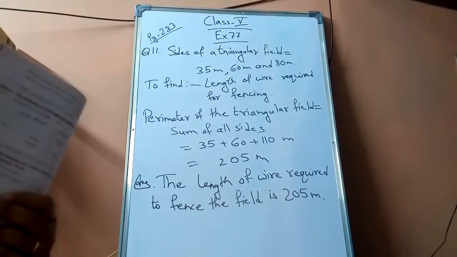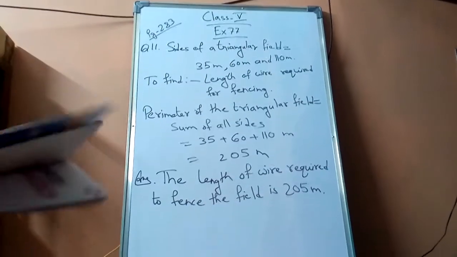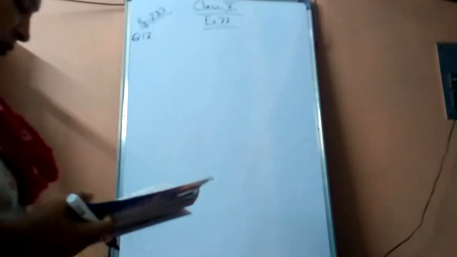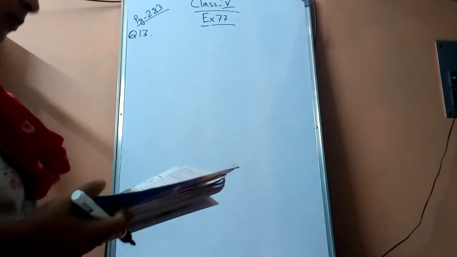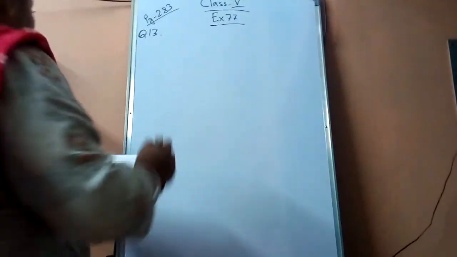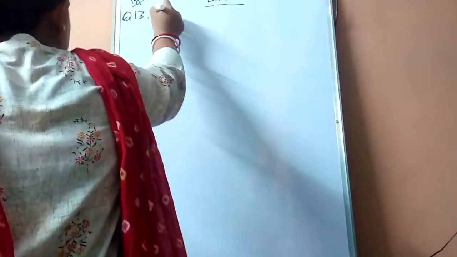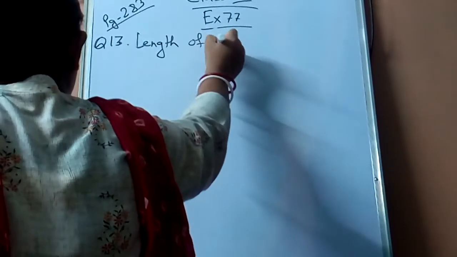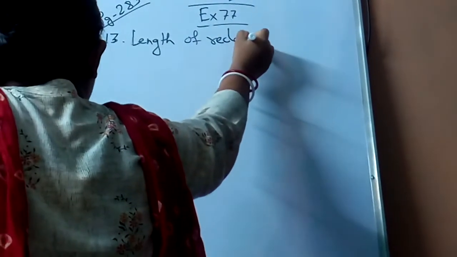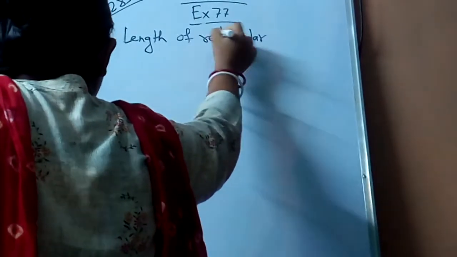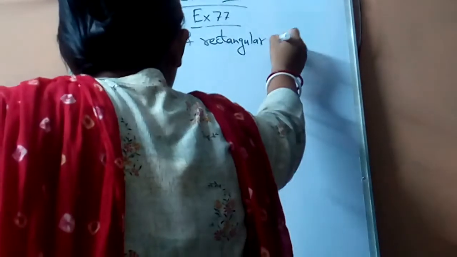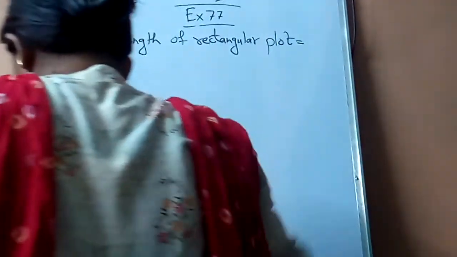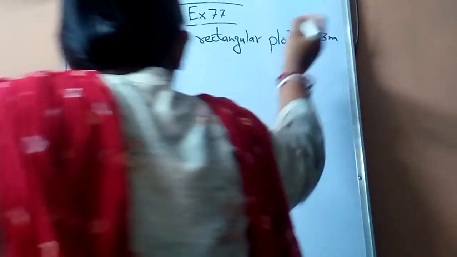Okay, so for this I have to rub the board. So this is the statement problem. So you will write the statement that it is given length of rectangular plot is equal to 63 meter.